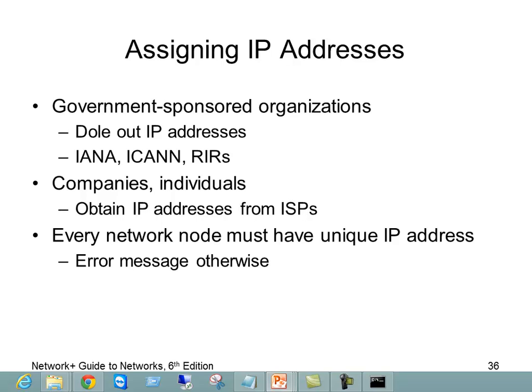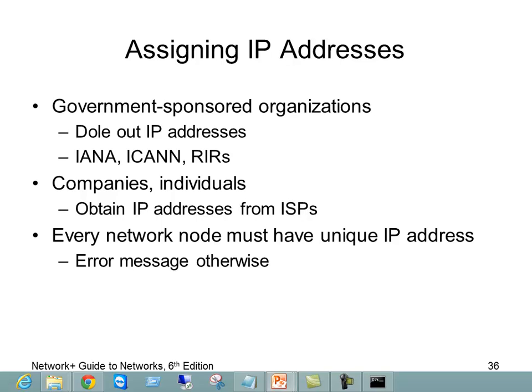So actual IP addresses are assigned out by government-sponsored organizations. The IANA is one, the ICANN, and then RIRs, which are regionals. They assign addresses to ISPs, and ISPs turn around and assign addresses to individual users.